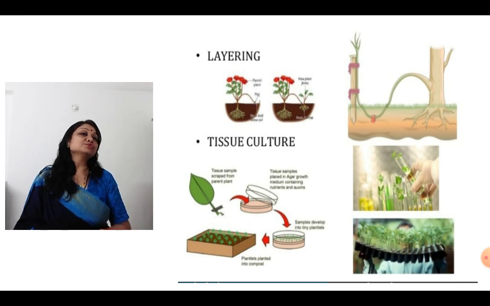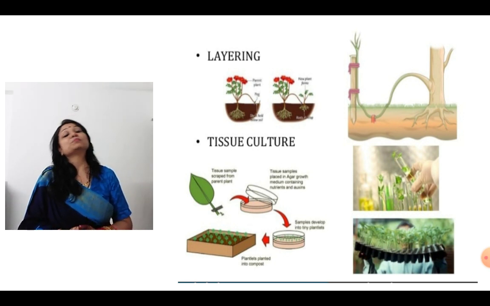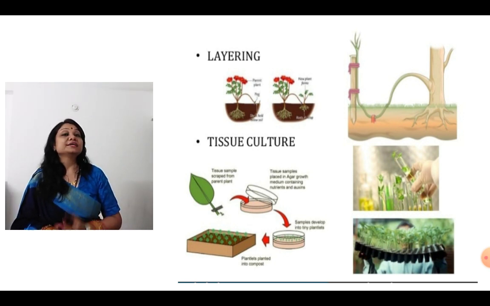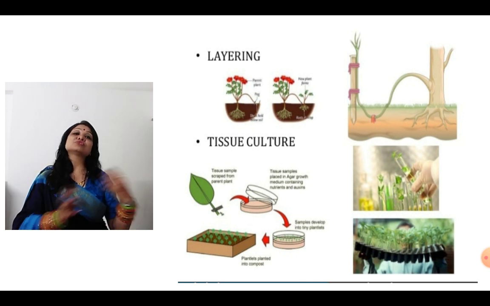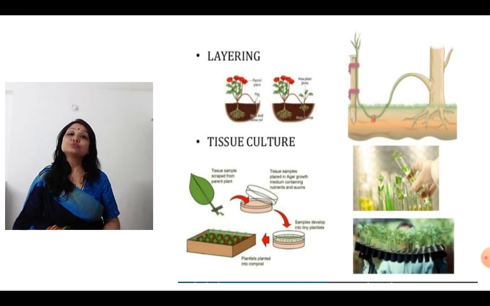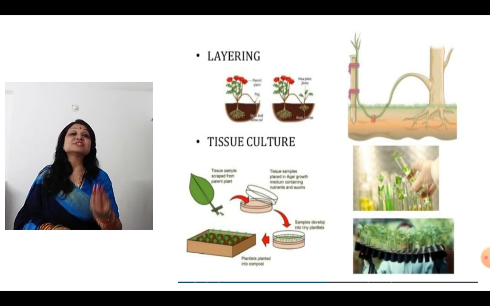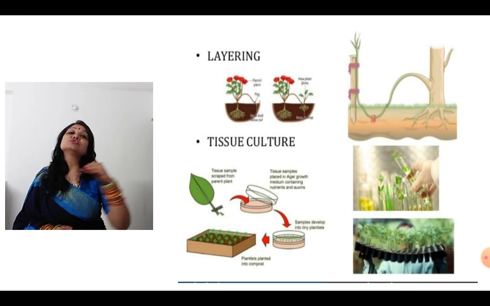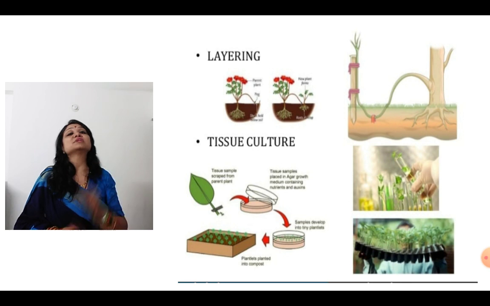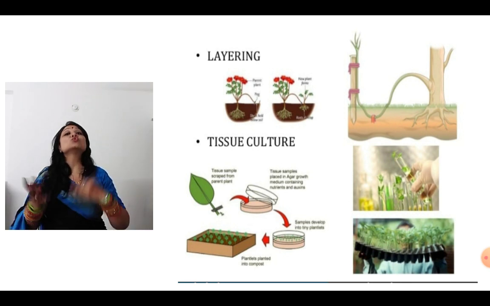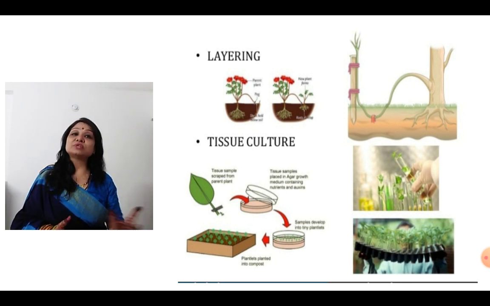So why are we using these methods, students? The main advantage is that it takes less time to get flowers and fruit. Think yourself, if you are sowing seeds, it takes time, right? It will germinate first, then saplings will come, then it will grow. It will take at least one month, and even more than that, to get fruit and flowers.